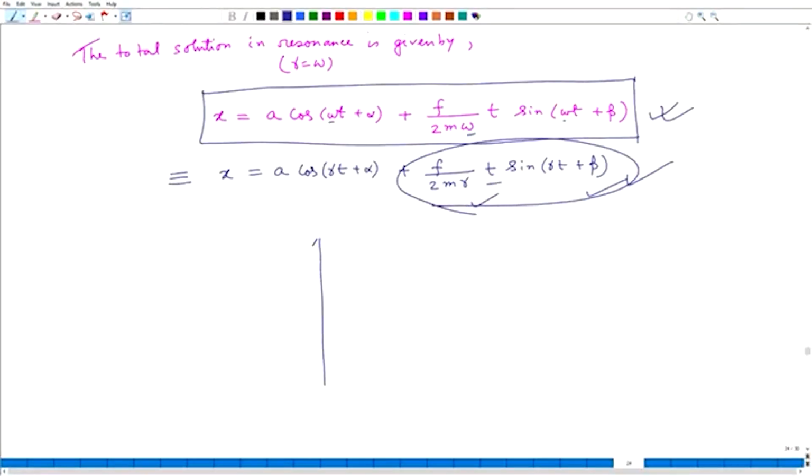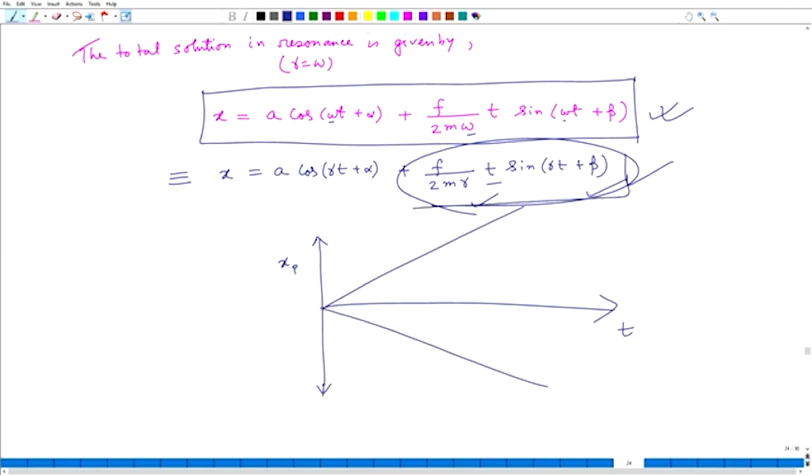So if we now just draw this y r, just this particular integral part, the real part of this we can actually draw like this. So x particular integral with respect to t, this part actually I am plotting.